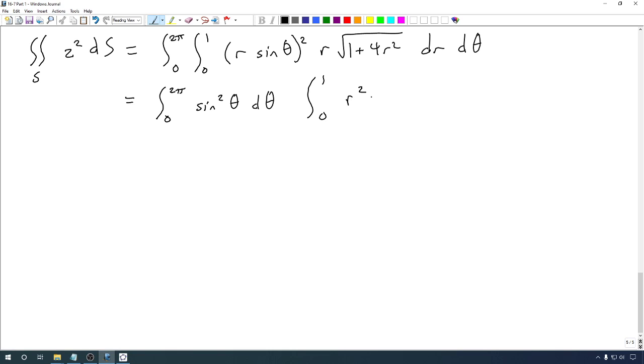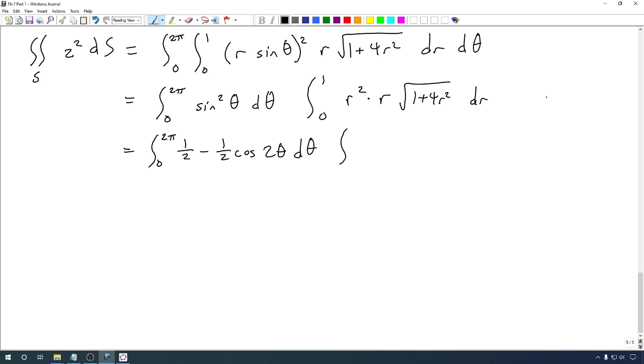I'm not going to combine those because we're going to deal with them with a substitution where it'll be easier to have those split apart. When we're integrating sine squared, we do need to use the power reduction formula. Remember, sine squared is equal to 1/2 minus 1/2 cosine 2 theta.